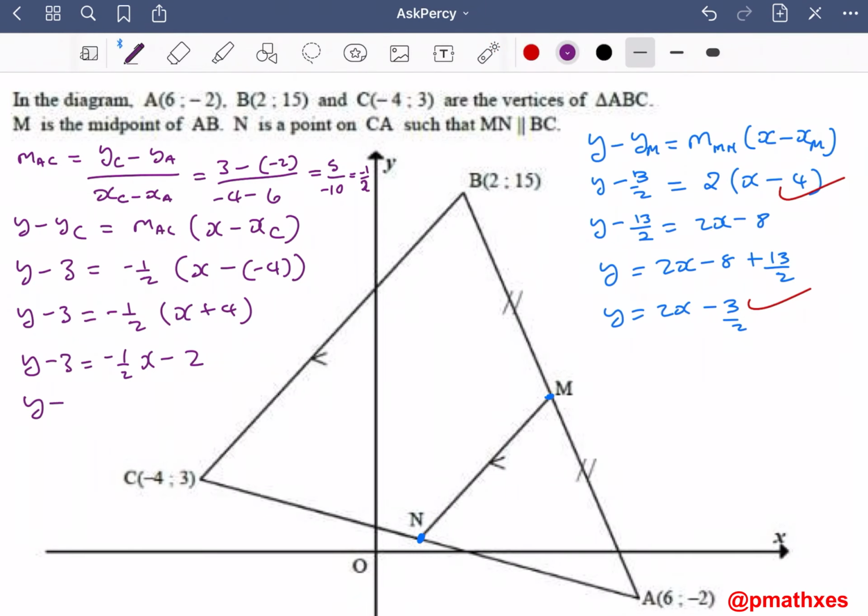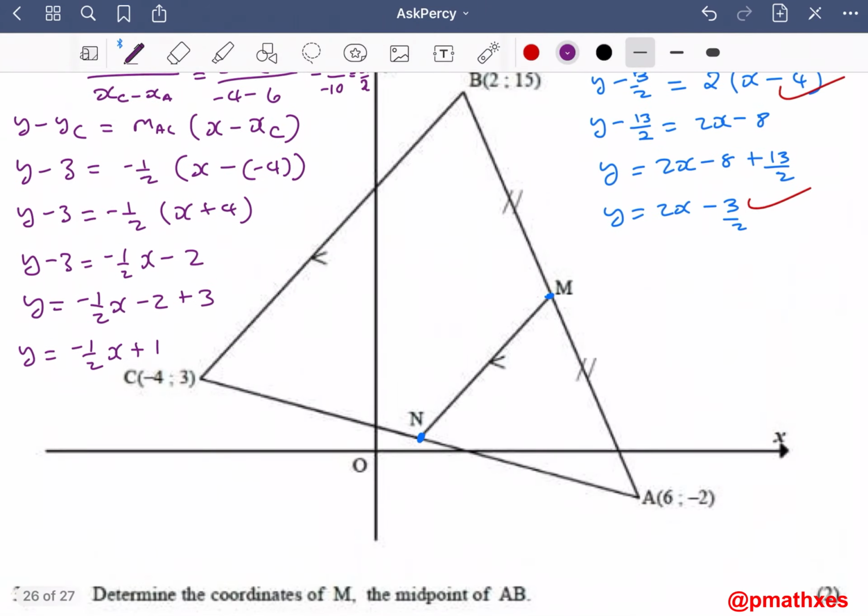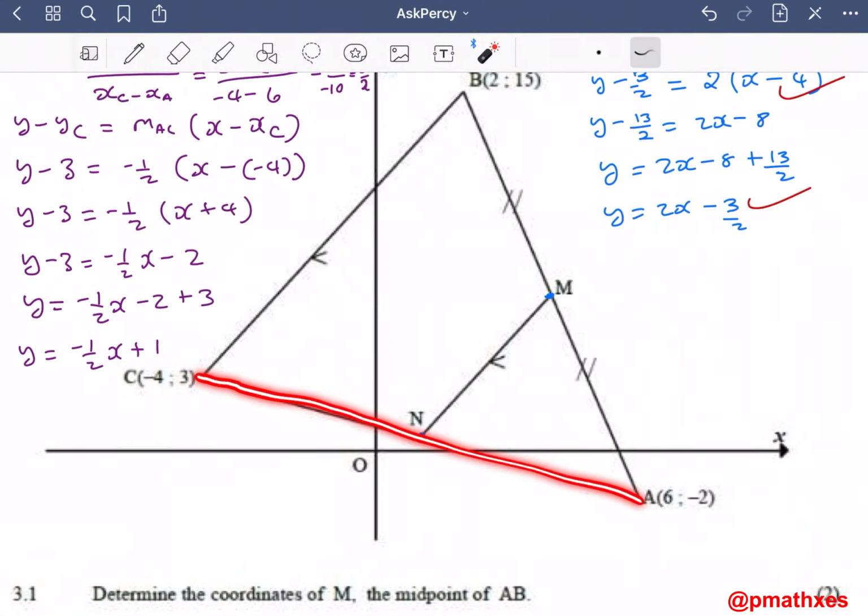So y is equal to negative half x minus 2 plus 3, and negative 2 plus 3 is positive 1. So the equation of line AC is this one here.